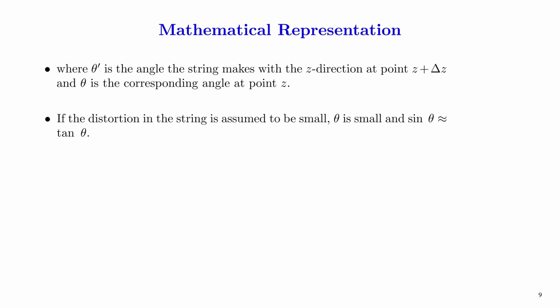Now, if the distortion in the string is assumed to be small, theta is small, and in that case, sin theta can be approximated to be tan theta.